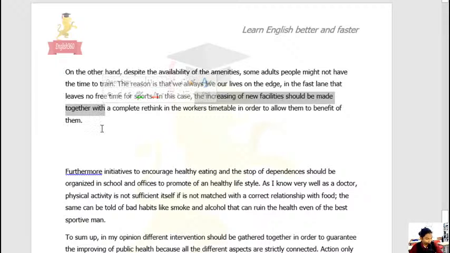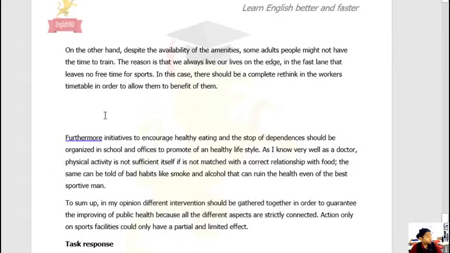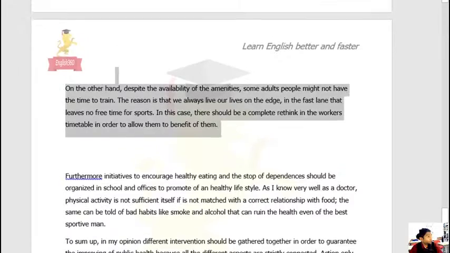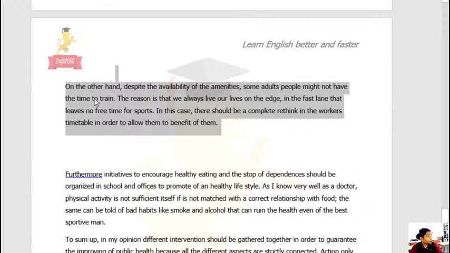I don't know what I'm doing, am I? Okay, in this case, there should be a complete rethink in the workers' timetable to allow them to, yeah. In this case, it's fine. It's just that, isn't it? Okay, where are you? Okay.